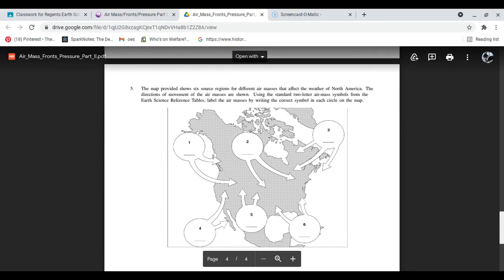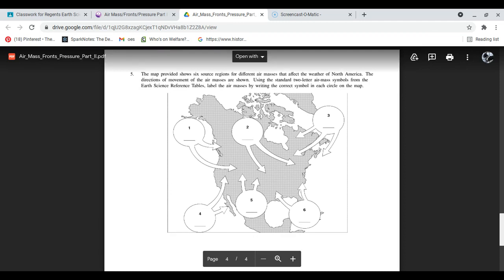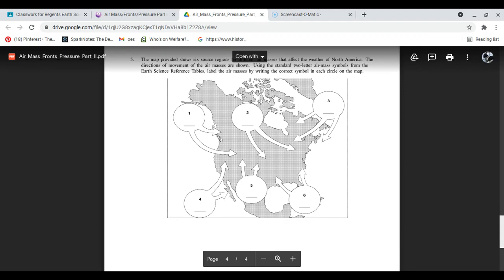And if you're on number 5, using those standard two-letter air mass symbols from your reference table, label those air masses by writing in the correct symbol in each one of those circles on the map. They're all right there on page 13. Wherever the bubble is, that's where you're looking.